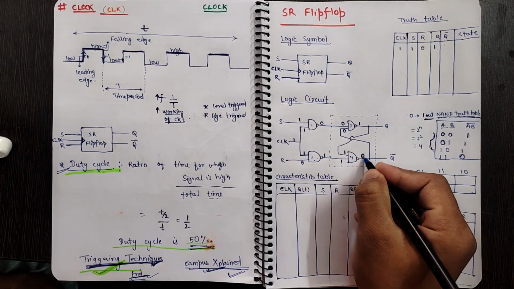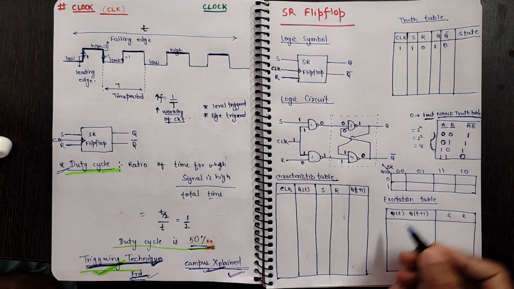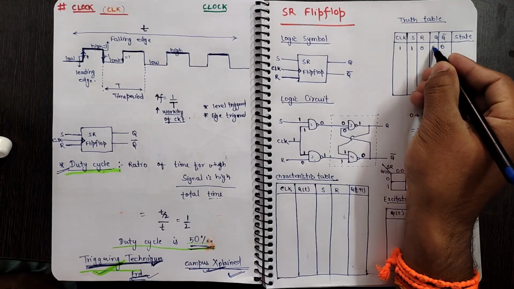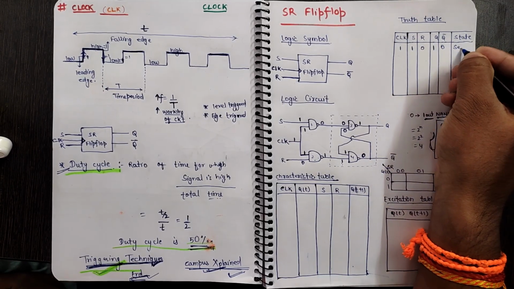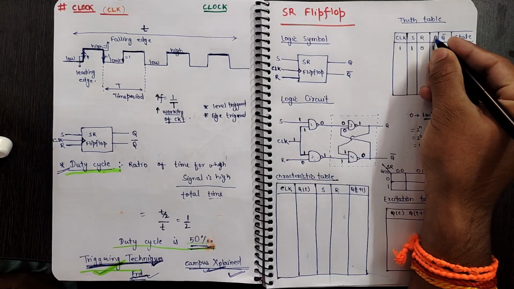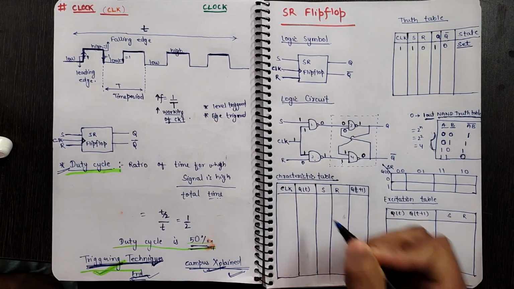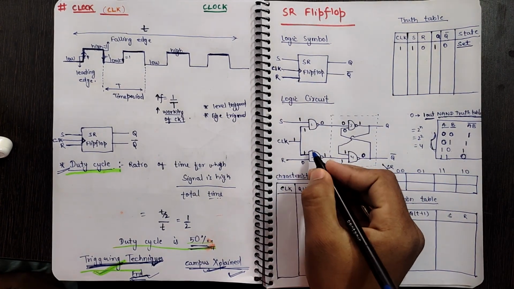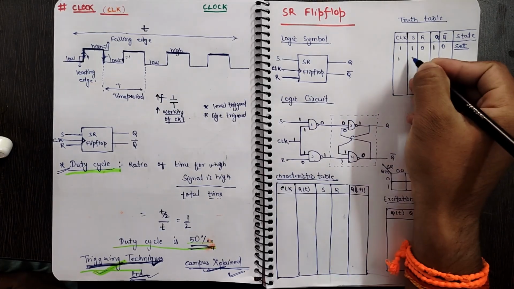If we talk about Q bar, we are getting 0. And we know that whenever the flip-flop stores a 1 value, it is called set. When S value is 1 and Q value is 1, this case is called set for the SR flip-flop NAND implementation.